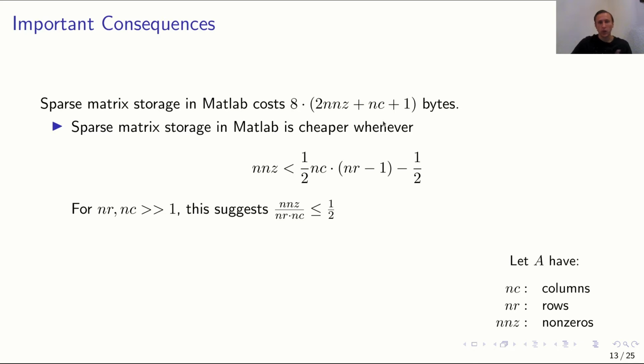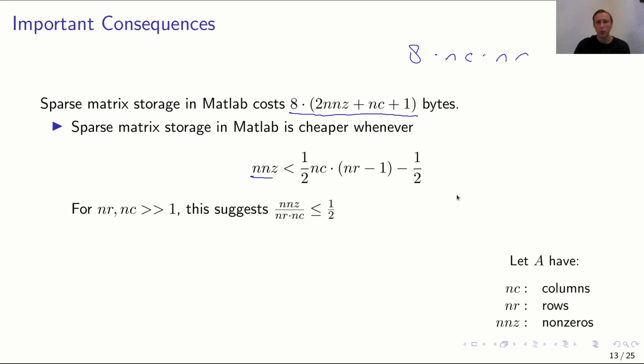Now, if we compare this, we note that the sparse storage is going to cost us this, where remember NNZ is the number of non-zeros, NC the number of columns, whereas the full storage is going to cost us 8 times NC times NR bytes of data. So that tells us that the sparse matrix storage in Matlab is cheaper whenever the number of non-zeros is less than this value over here.